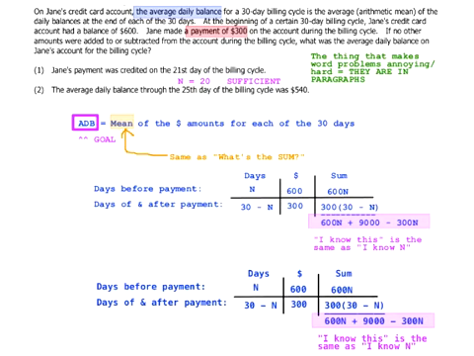The thing you can think about is that this is the same analysis we've already done, except that you can put 25 in there, because we're talking about the average balance through the 25th day. So it's the same problem as before, except these are going to be slightly smaller numbers.